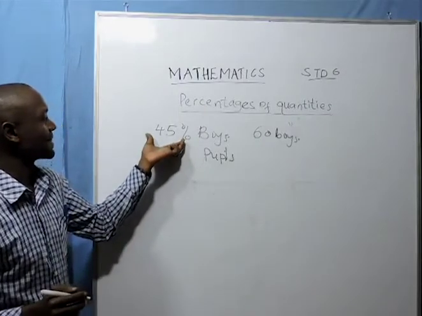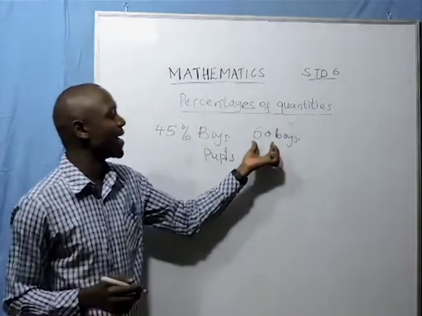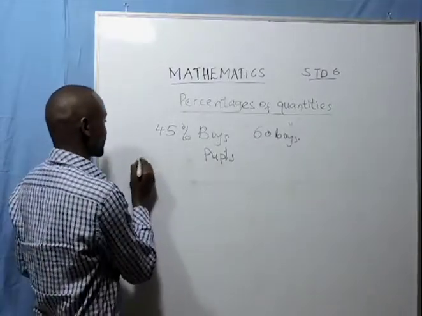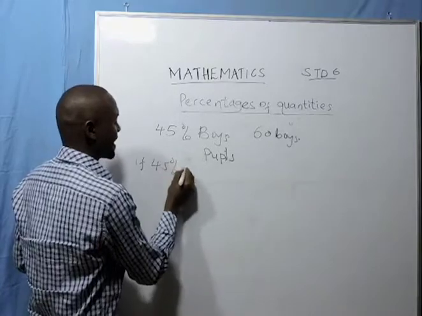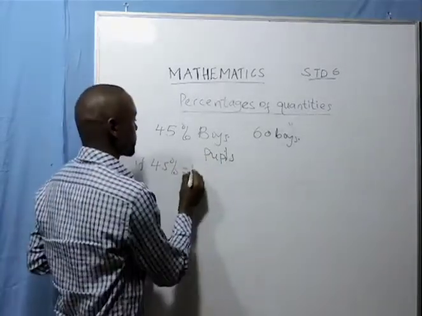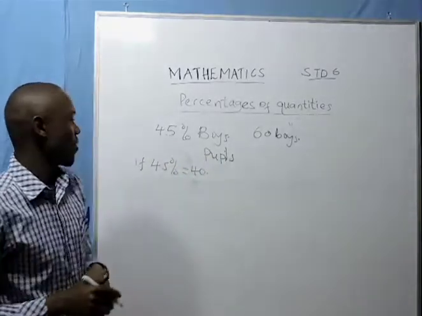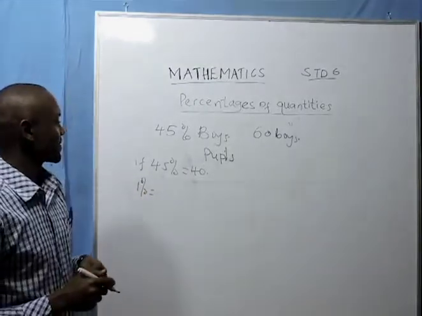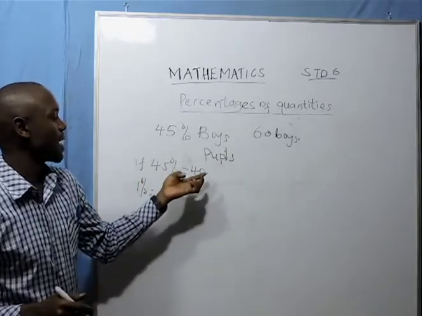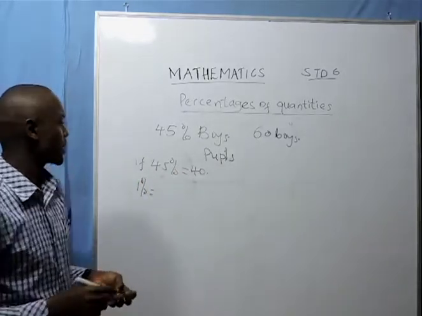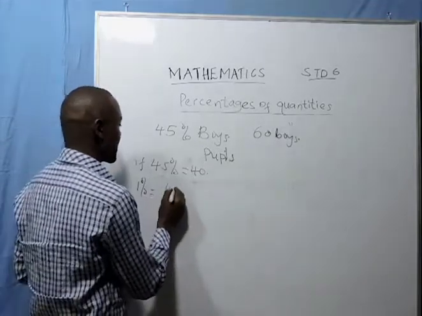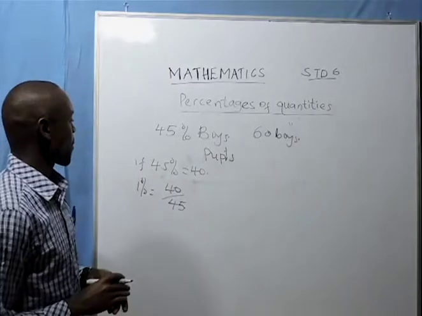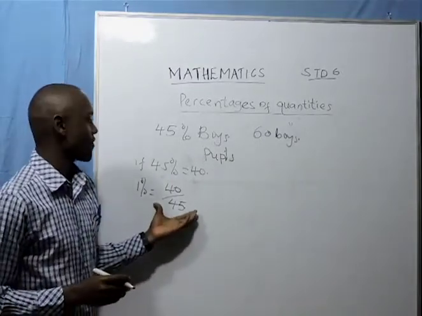So here we are given the percentage of the boys and the number representing the boys. So we ask ourselves, if 45% will represent 40 pupils, what about 1%? 1% will represent 40 over 45.